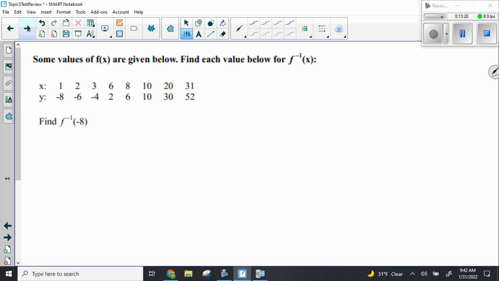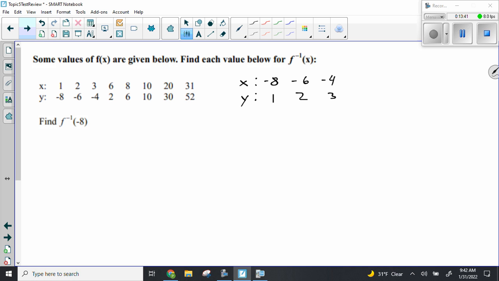So if I wrote a new table for this, what the inverse does is it flips my y and my x, right? So this is going to become -8, 1. The next one will be -6, 2. The next one will be -4, 3.